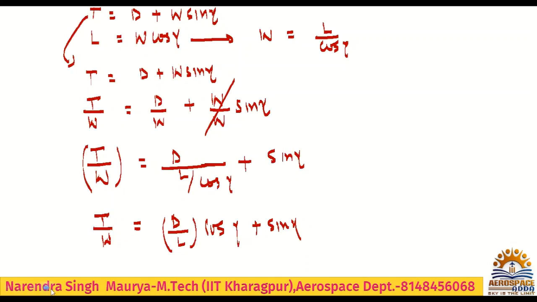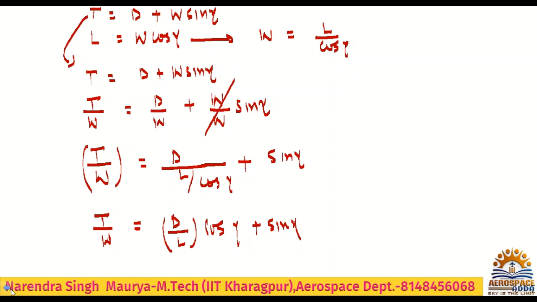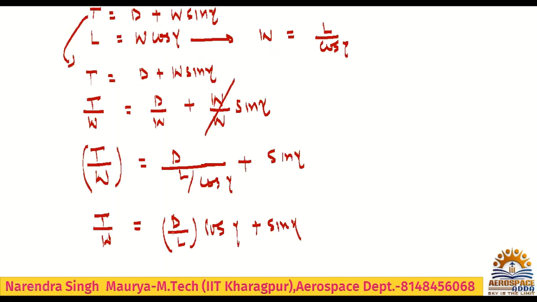So you can write thrust to weight is equal to cos gamma L by D, because here it was given D by L. So D by L you can write as 1 upon L by D, meaning is the same.